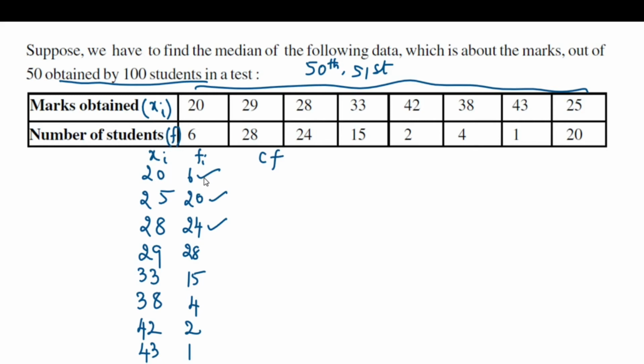Marks obtained 20 has frequency 6. Cumulative frequency and frequency are equal here. This is with 20 marks. Then up to 25 marks, we have to add this frequency also. By adding this frequency, we will get 26.